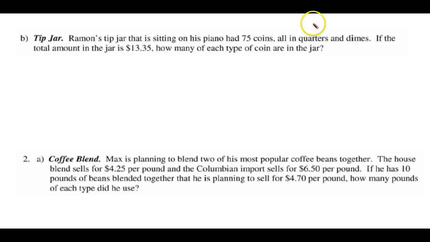Well, we have quarters. We could use Q for quarters and D for dimes. So the total number of quarters plus the number of dimes equals 75.